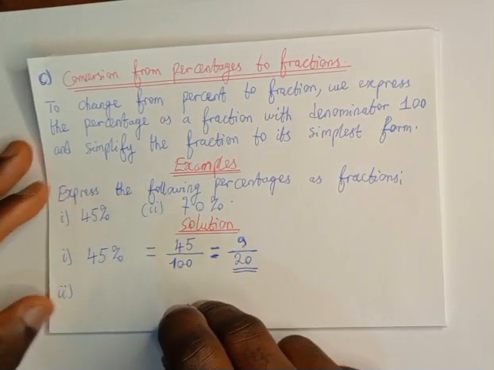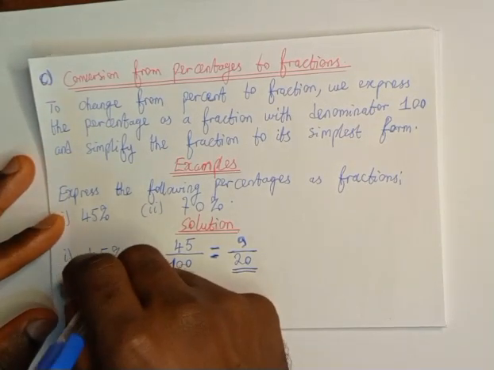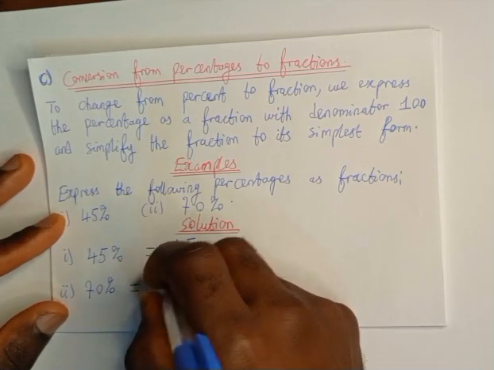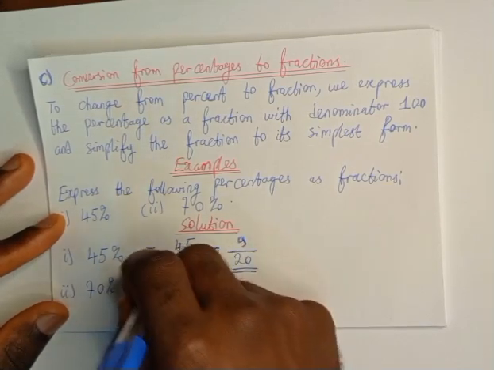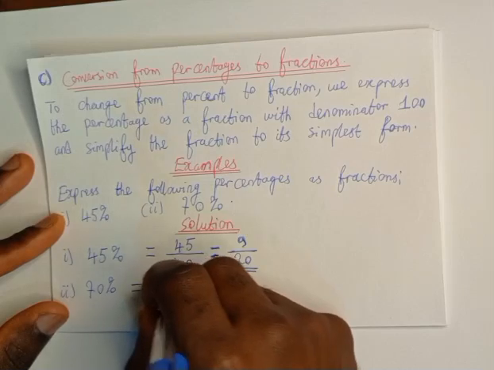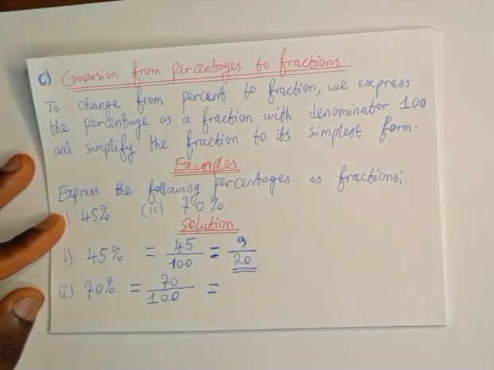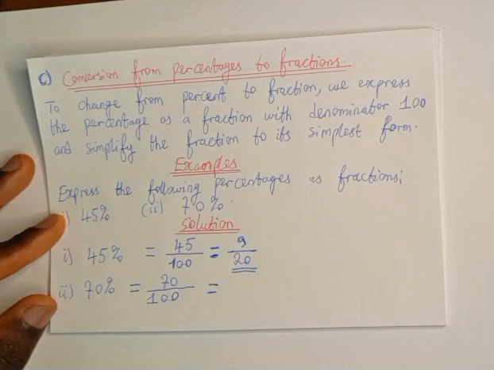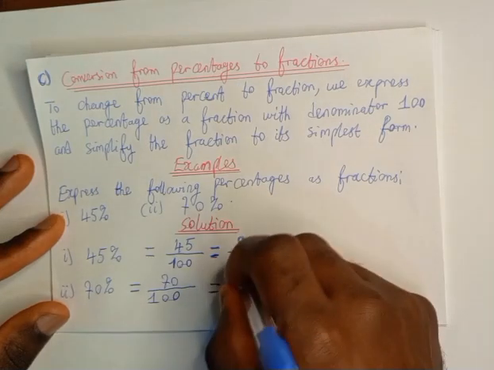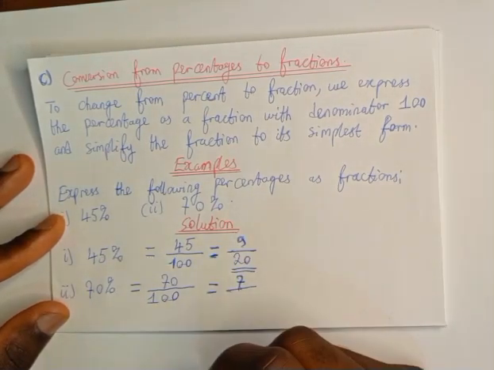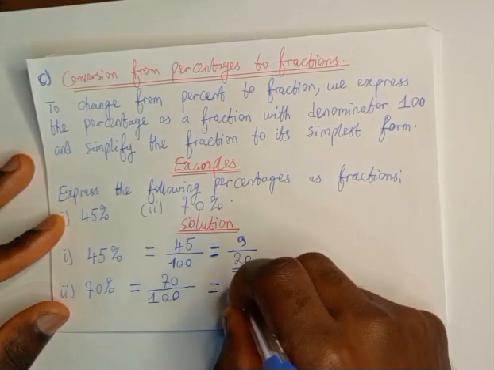2, we have 70%, which is simply equal to 70 all over 100. The highest common factor of 70 and 100 is 10. 70 divided by 10 gives us 7, and 100 divided by 10 gives us 10.